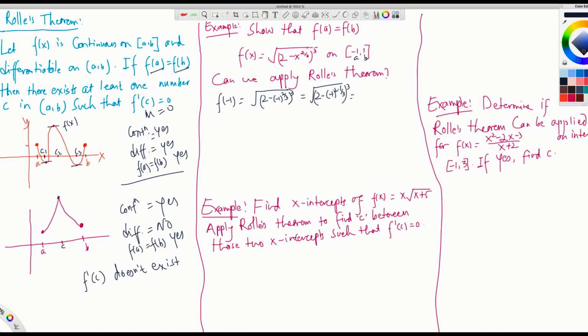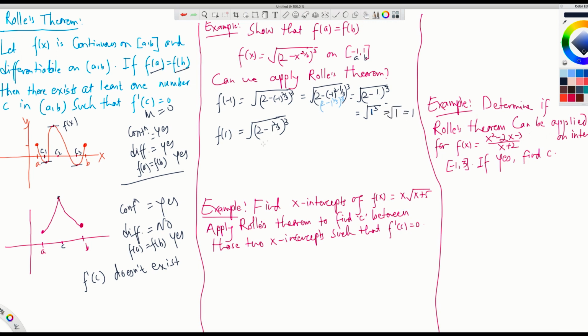What is -1 squared? It is basically +1. So what do you get? 2 minus 1, which is 1 to the third, and then the root, so basically root 1, which is 1.